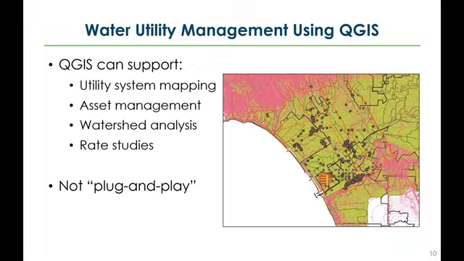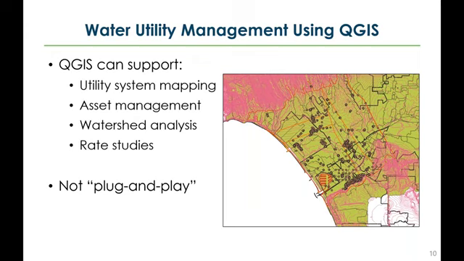You can use it for asset management. Like I said, there's no plug and play solution for that, but you can evaluate associating pipes with properties, associating billing data with properties, and storing information about properties.